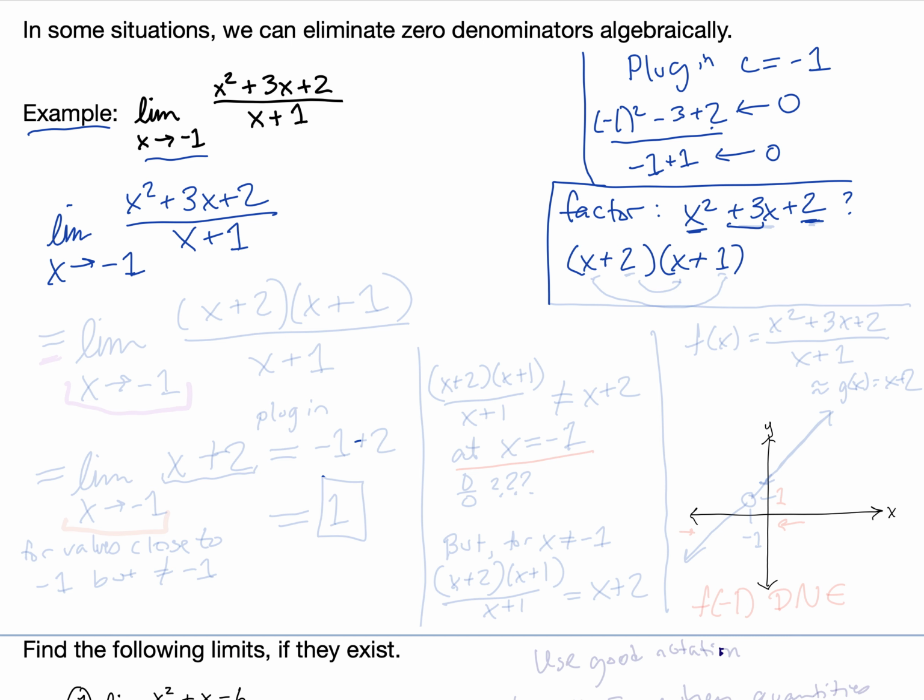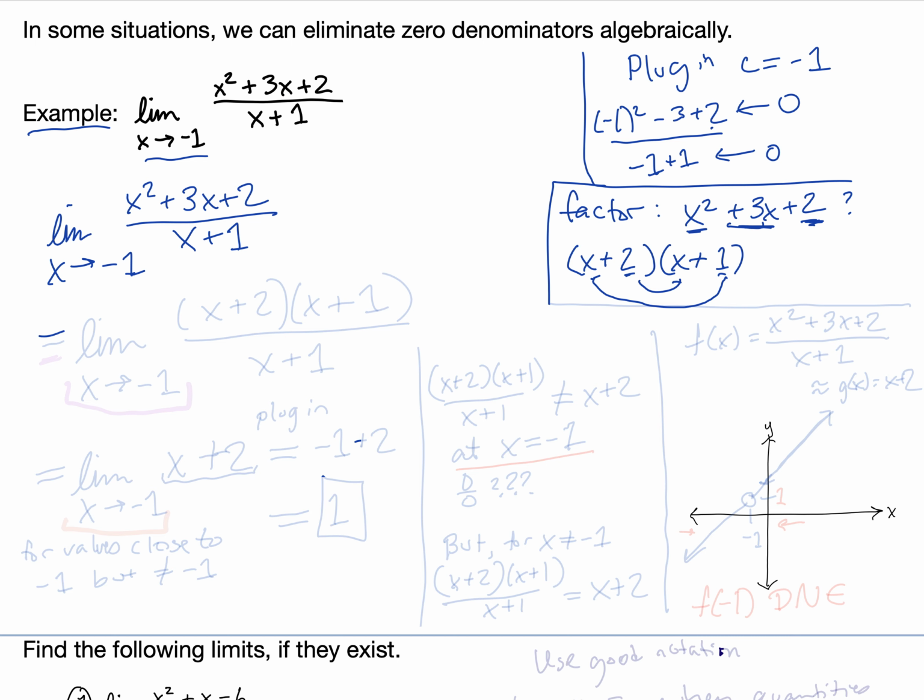And we can verify: when we multiply the firsts, we get x squared. When we multiply the outers and the inners, we get x plus 2x, which will be 3x. And when we multiply the lasts, we get 2 times 1, which is 2. So great, yes, that is the factorization of the numerator.